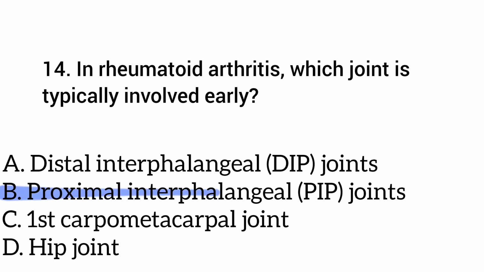Rheumatoid arthritis most times involves the proximal interphalangeal joints and also the MCP joints, and sometimes it spares the distal interphalangeal joint. So have that in mind when you think of early rheumatoid arthritis. Think of its involvement in the proximal interphalangeal joints and the MCP joints.